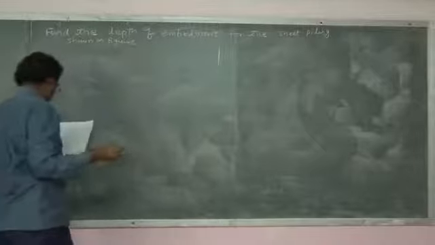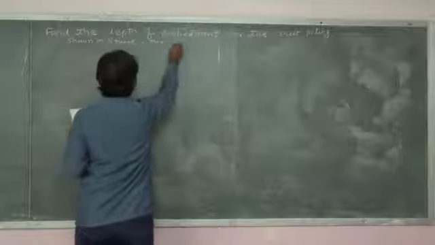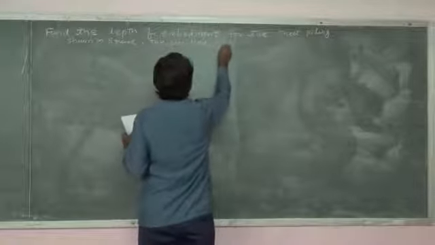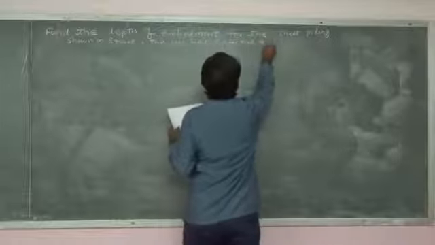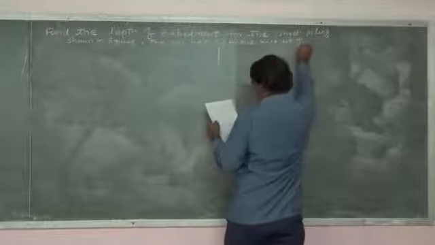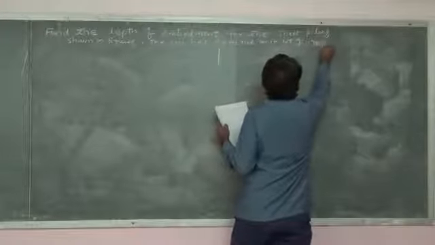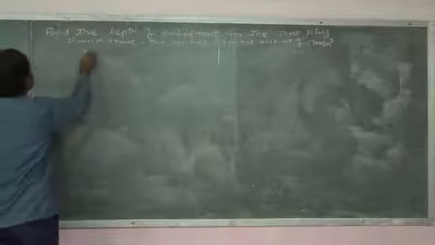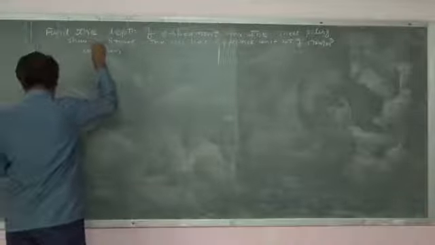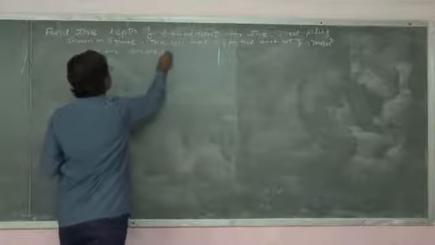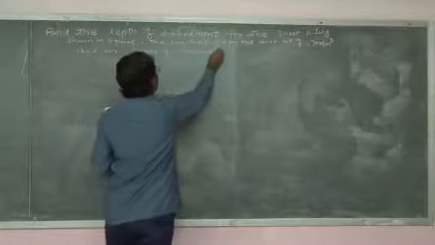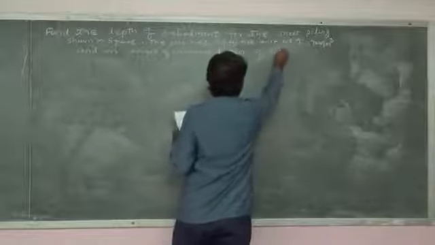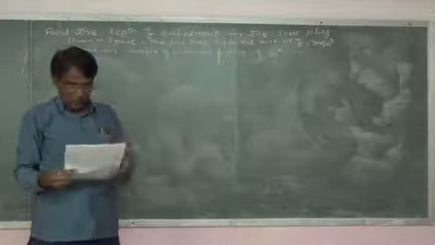In the figure, the soil has an effective unit weight of 17 kilonewton per meter cube and an angle of internal friction of 30 degrees.